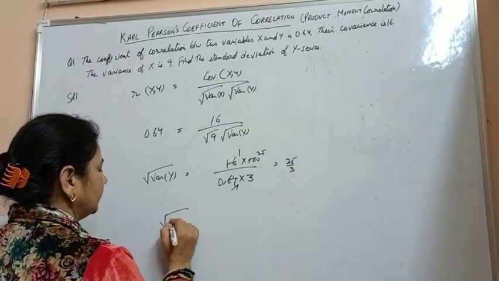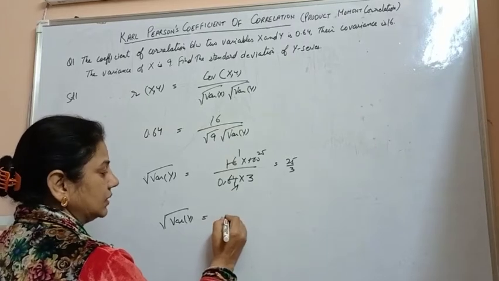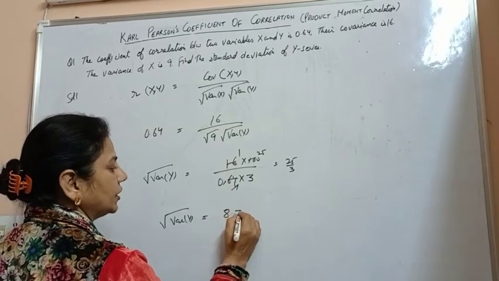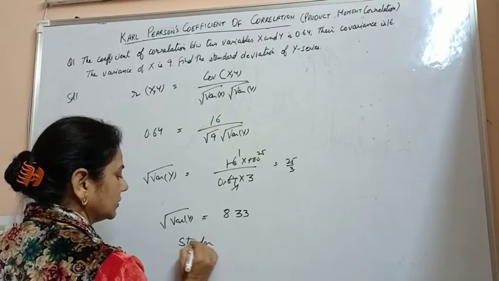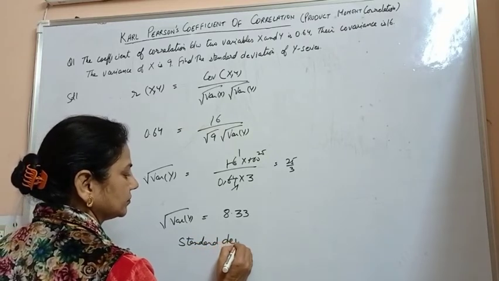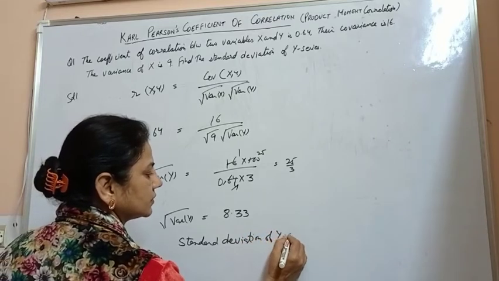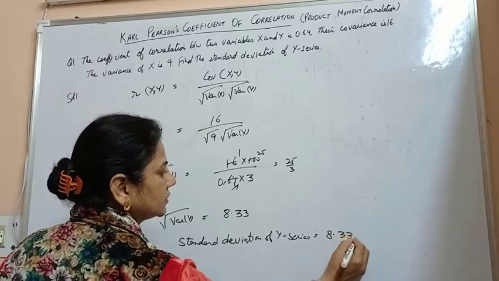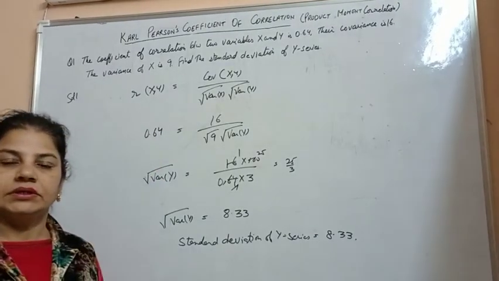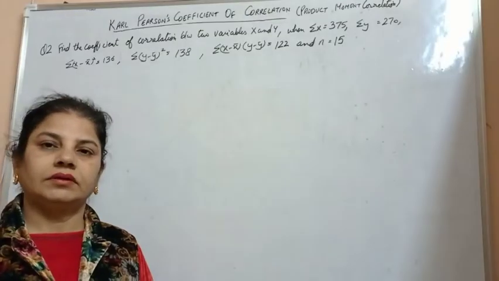That means under root variance y is 8.33, or you can say that the standard deviation of the y series is 8.33. This is how you have to calculate.